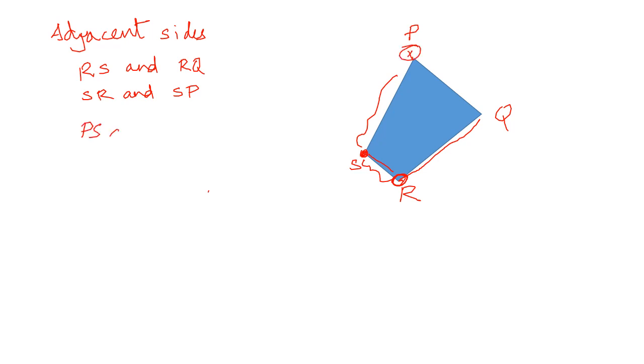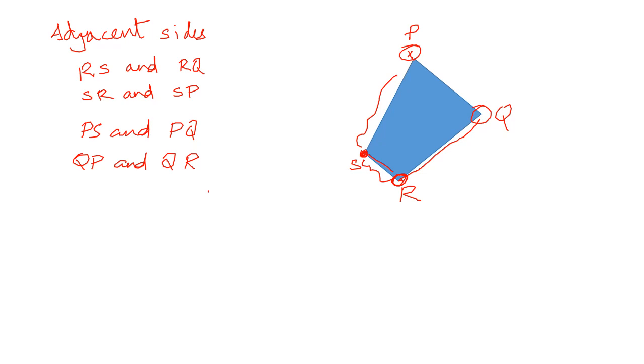PS and PQ are adjacent sides. When you take the point Q, the adjacent sides will be QP and QR. That is, sitting at Q, if you stretch your hands on both sides, you will reach from Q to P and Q to R. That is how it is.